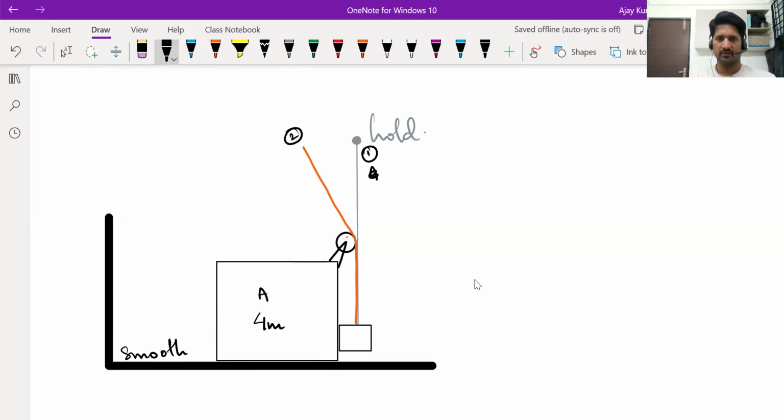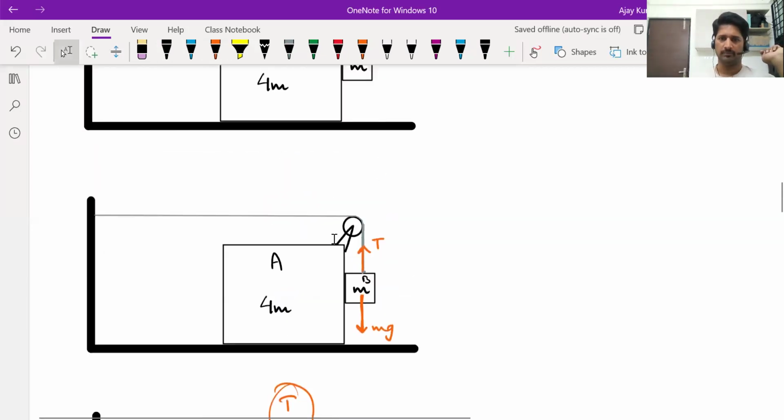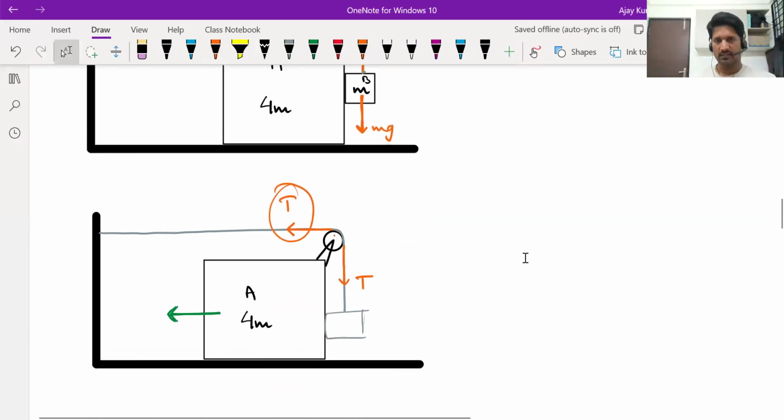There was no force to the left. Case 2, from everyday experience itself, we can tell the bigger block will move to the left. And what is the only possible explanation? This tension's component must have been making it accelerate to the left. And that is what happens in this problem. The tension in the string will make the pulley along with the bigger block accelerate to the left.